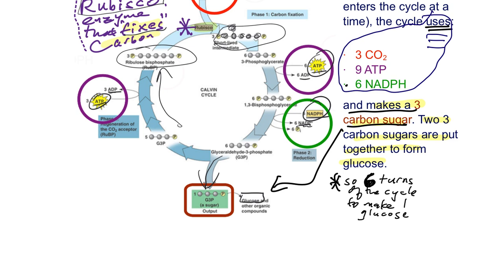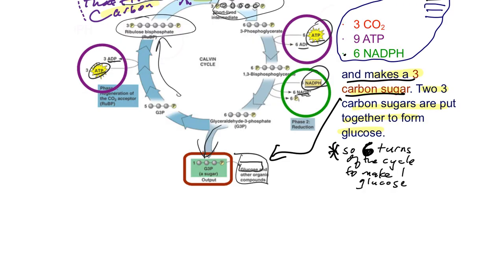The whole point of this is to make glucose. You don't have to do all this memorizing. With one turn of the cycle, only 1 carbon is fixed, and it takes 3 turns to make half a glucose molecule, a 3 carbon sugar molecule. So it takes a total of 6 turns of the Calvin cycle to make 1 glucose molecule.